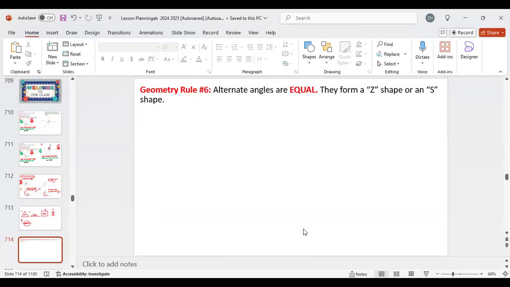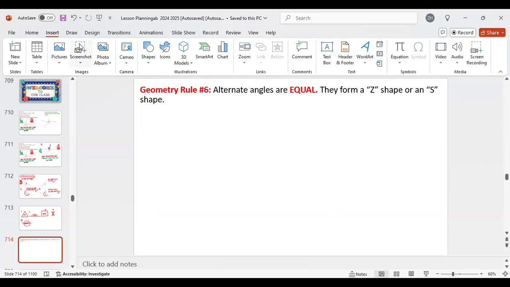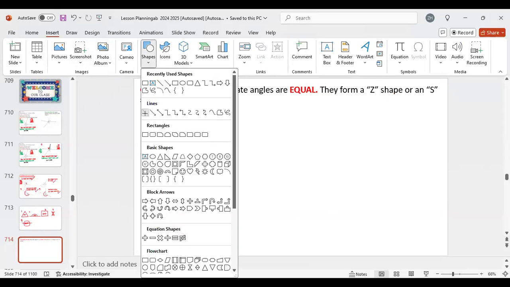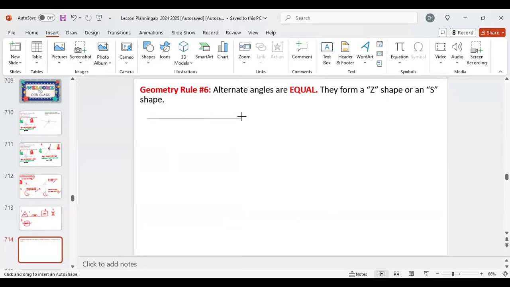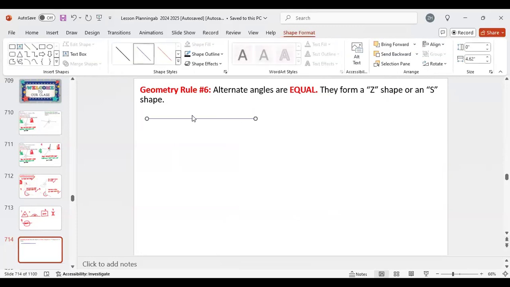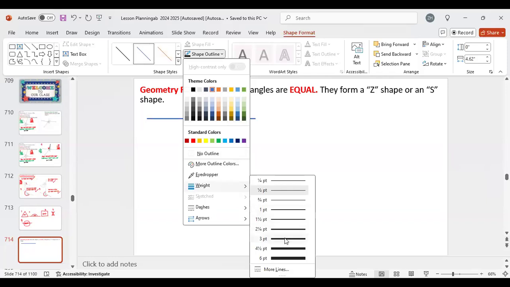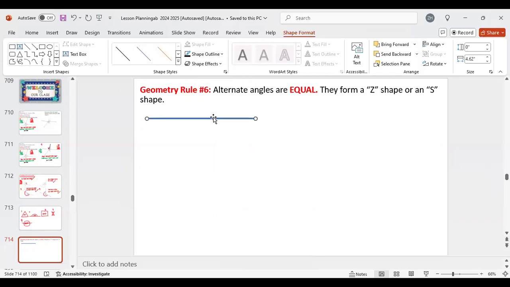Okay, so let me show you how they look. Say for example, we have this line, and let me thicken this. Let's say we have this one, and this right here.